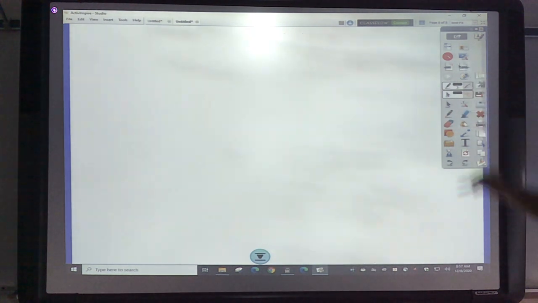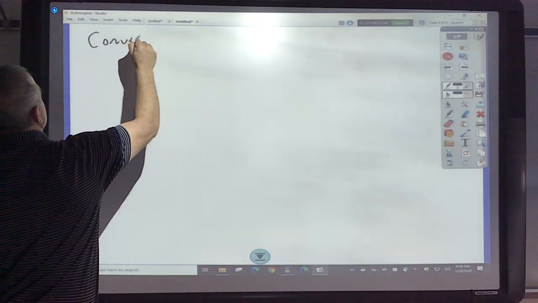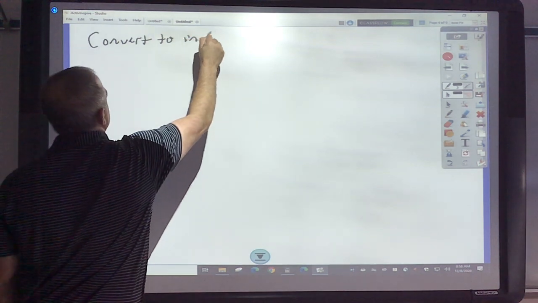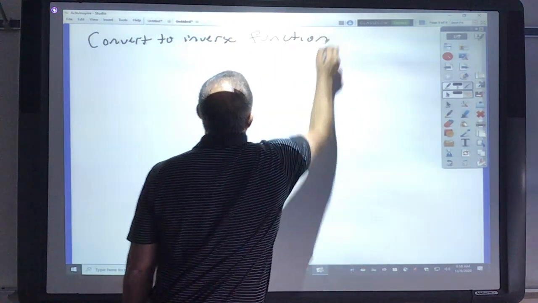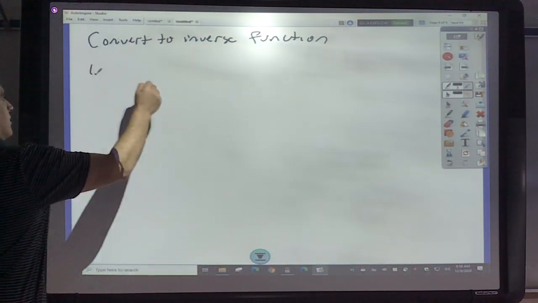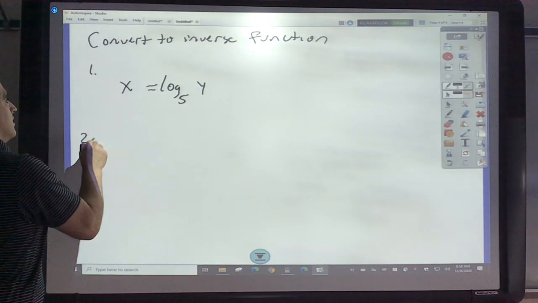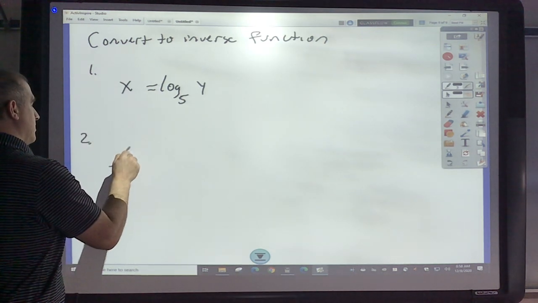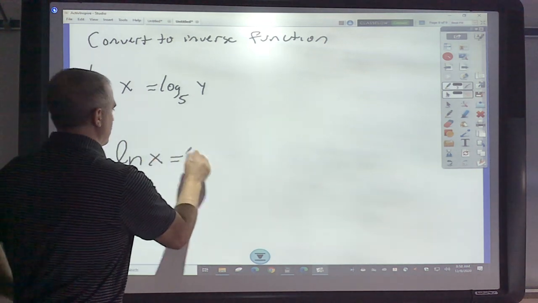I'd like to give you some of those to try. Convert to the inverse function. Let's go log base 5 of y equals x. Let's go natural log of x equaling y.